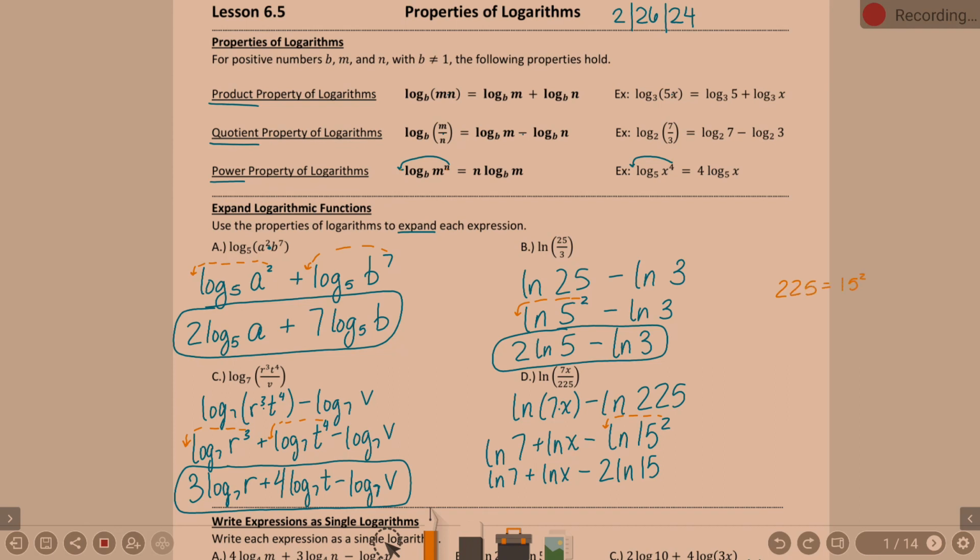That's good. I like it. But another way to see 225 is that it is 25 times 9. And if you think 25 times 9, that is 5 squared and 3 squared.